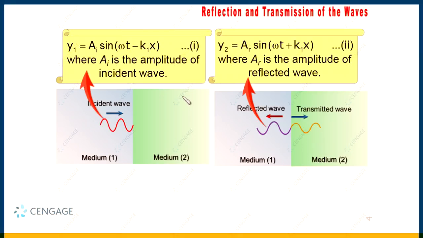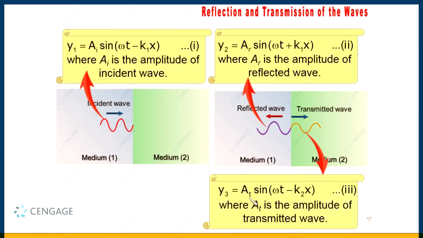Omega is the angular frequency that remains unchanged, and v is the wave velocity, which is the sole factor of the medium property. So, we can write the equation for the transmitted or refracted wave as y_t = A_t sin(ωt − k2x), right. Here A_t is the amplitude of the transmitted wave.